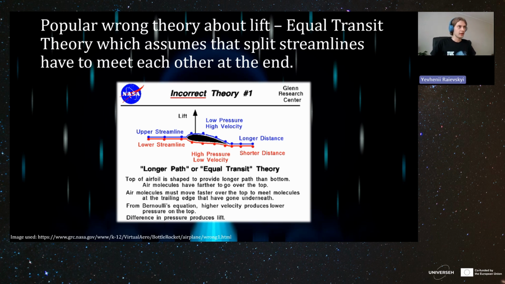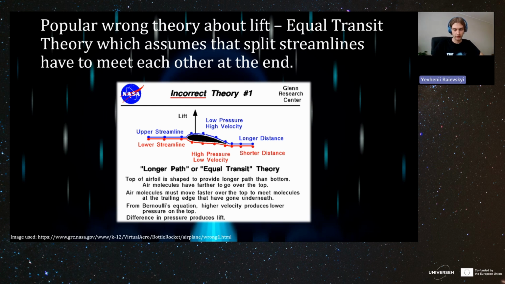And actually, when I prepared the material for this webinar, I encountered this, and I like it a lot. So this is just not true, because this theory can be appealing because it states that at the bottom side velocity is lower, and so pressure is higher, and at the upper part pressure is lower and velocity is higher. This is true.